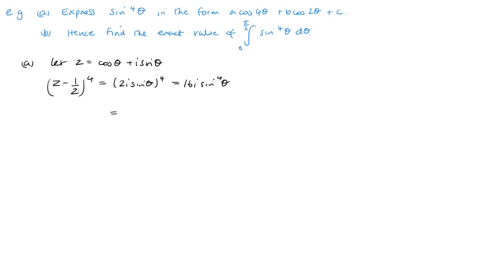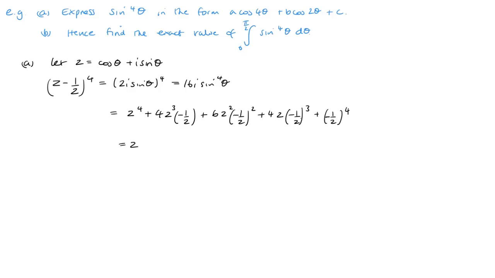Now, expanding the z minus 1 over z to the power 4, it's going to be z to the power 4 plus, now 4c1 is 4, I'm just going to put that in there this time, z cubed times minus 1 over z, plus 6 z squared times minus 1 over z squared, plus 4 z times minus 1 over z cubed, plus 1 over z to the power 4, and that's obviously a minus.